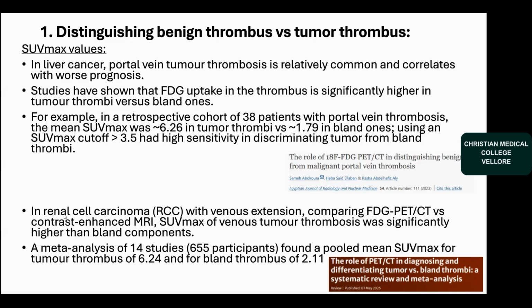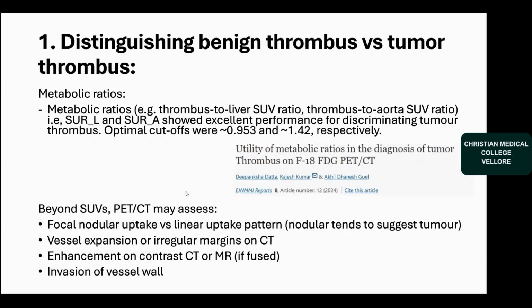Next, renal cell carcinoma with venous extension of the thrombus. This is also a study with 655 patients. The mean SUVmax of tumor thrombus was around 6.25, whereas bland it was 2.1. But the SUV might differ according to the imaging protocols, the scanners and many other criteria.